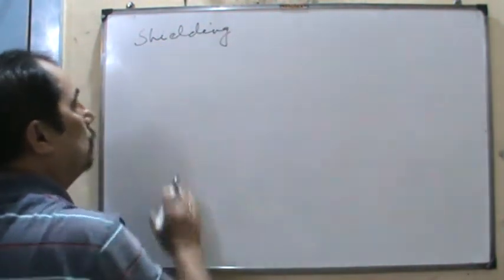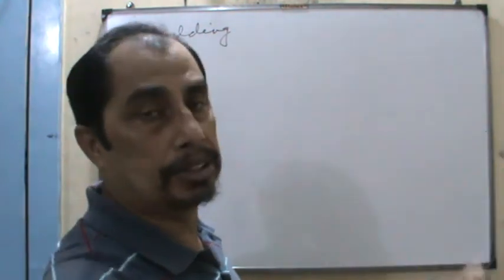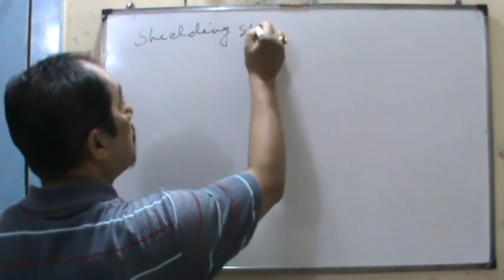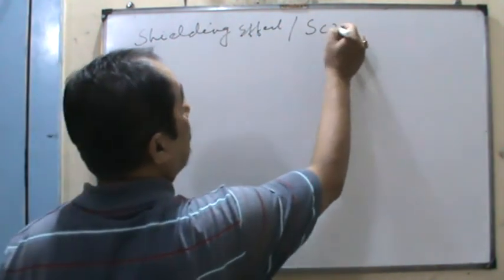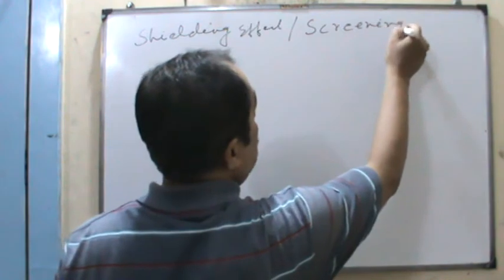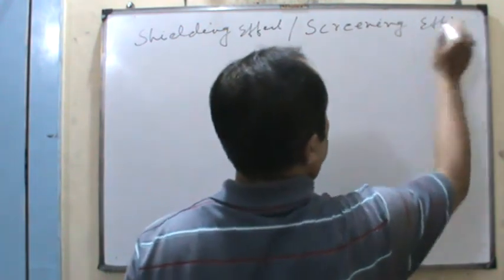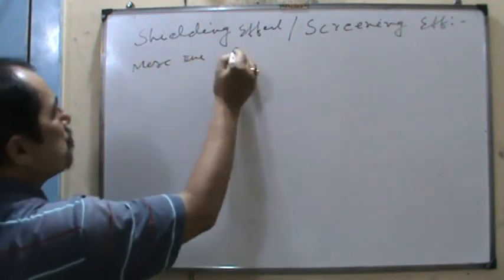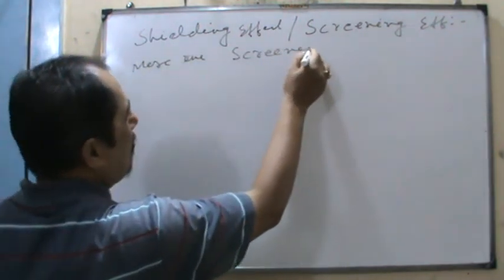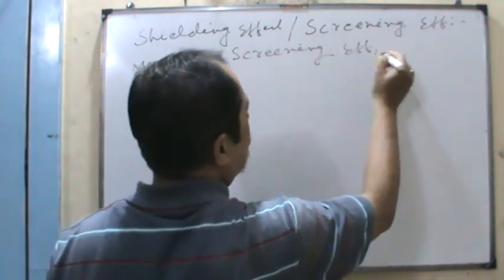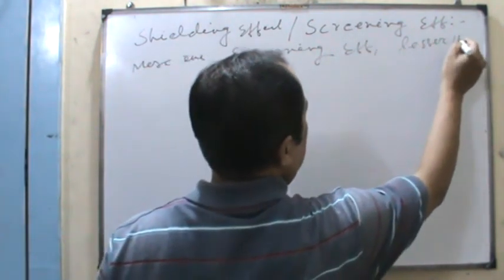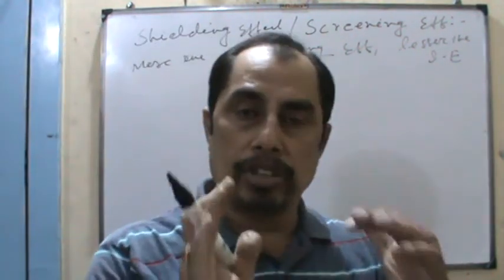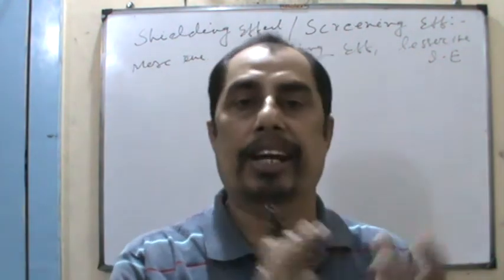The last factor which can influence the ionization energy or enthalpy is the shielding effect, or you can say the screening effect. The more the screening effect, the lesser the ionization energy. I mean the outermost shell and the intervening electrons.